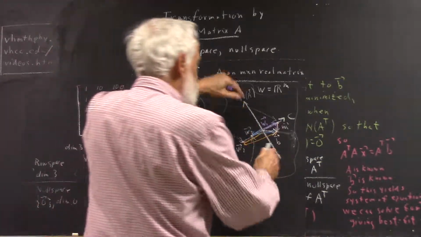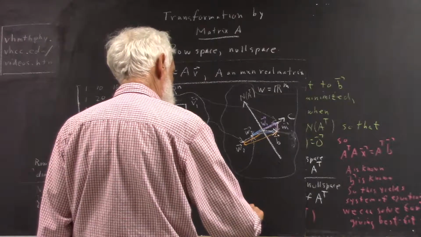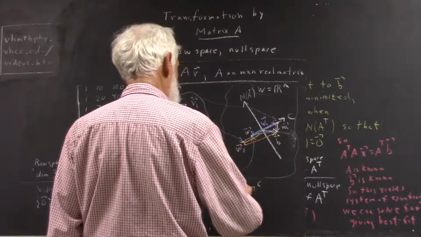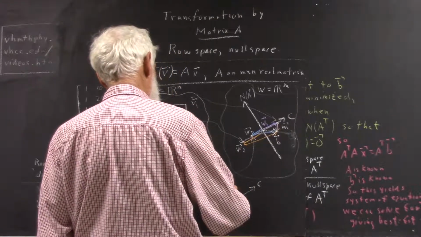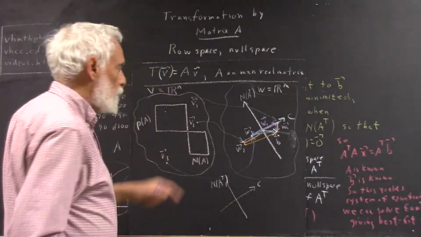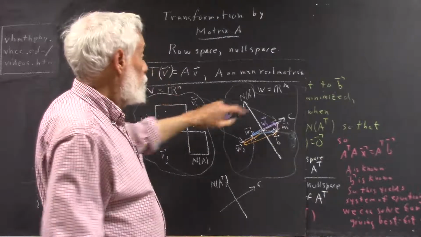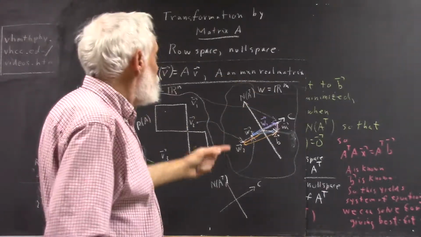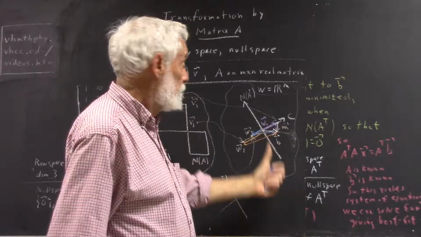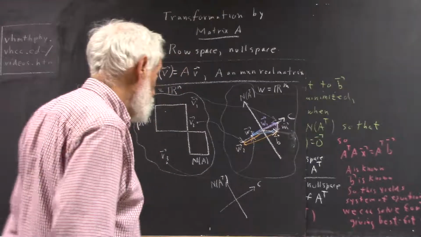I'm going to redraw these axes down here because things are a little cluttered. Incidentally, this picture would be accurate if this was R2. So you can even think of this for the moment as being R2, with one axis representing the column space, the other axis representing the null space of A transpose.